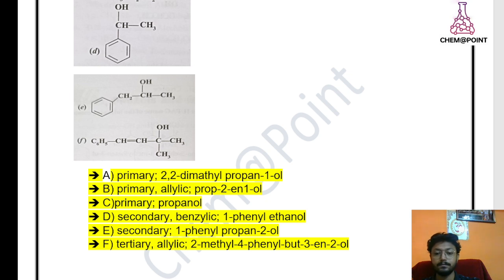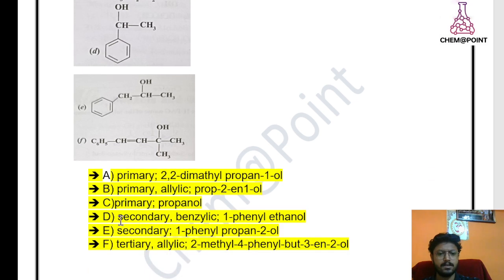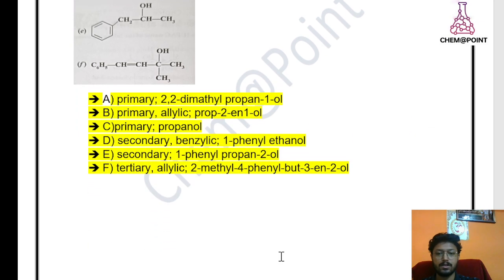Okay, and the second bit is primary allylic, prop-2-en-1-ol, and the third bit is primary, propanol. Then next, secondary benzylic, 1-phenylethanol, and E is secondary, 1-phenylpropan-2-ol, and F is tertiary allylic, 2-methyl-4-phenylbut-3-en-2-ol. Got it?